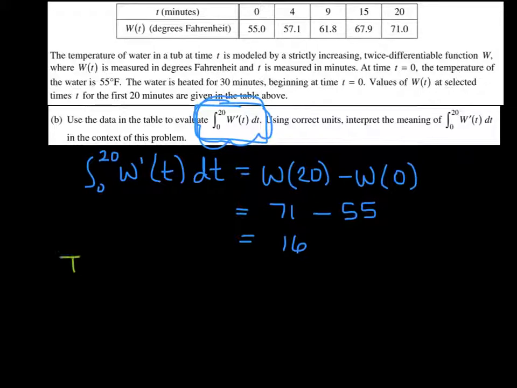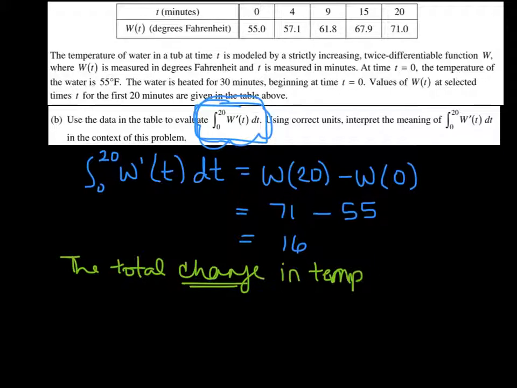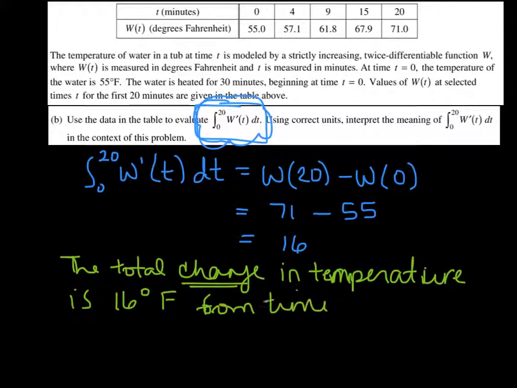Okay, the total change, and remember change is that word I want you to use whenever you see the integral of a derivative. So it's the total change in temperature is 16 degrees Fahrenheit from time T equals 0 to T equals 20 minutes.